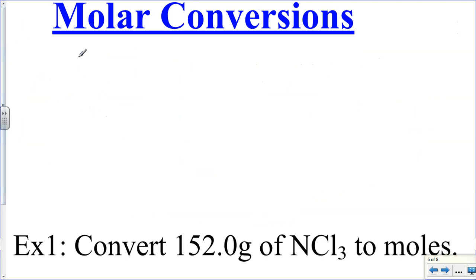So for molar conversions, we can go from gram to mole. And mole is abbreviated MOL. We can go from a certain number of moles to grams.